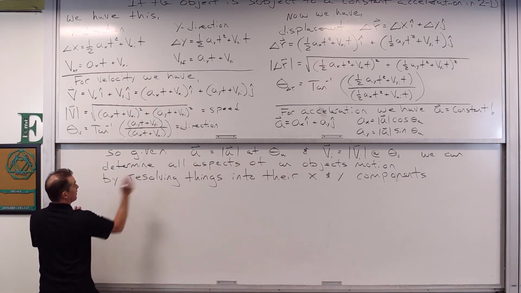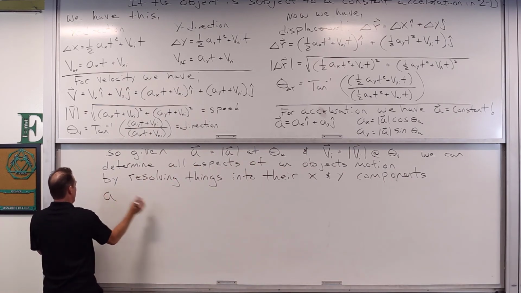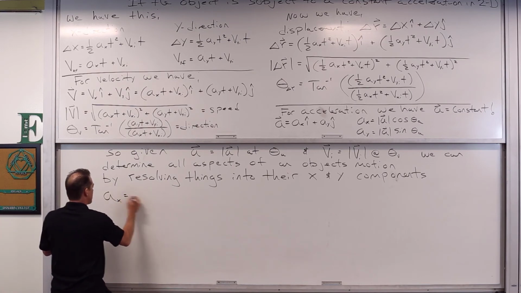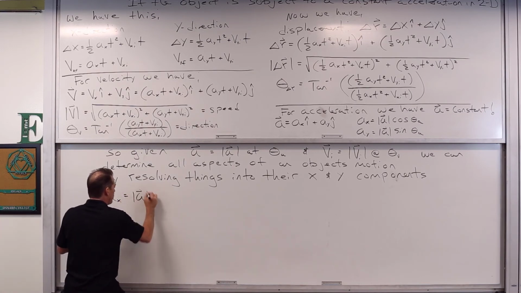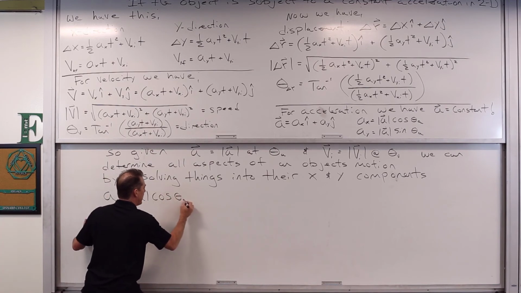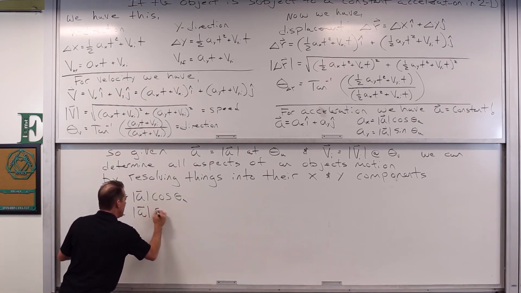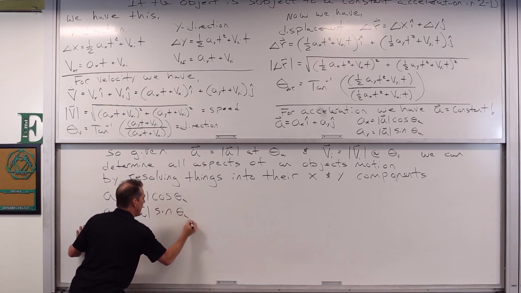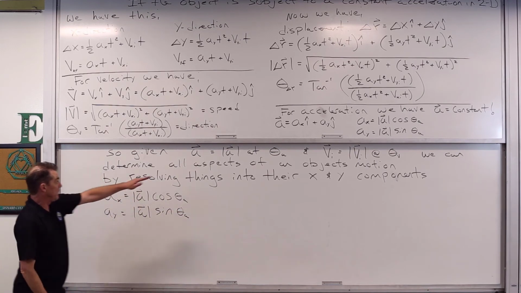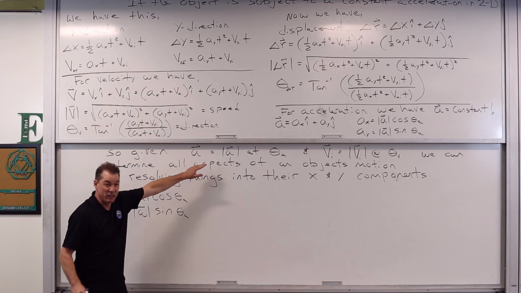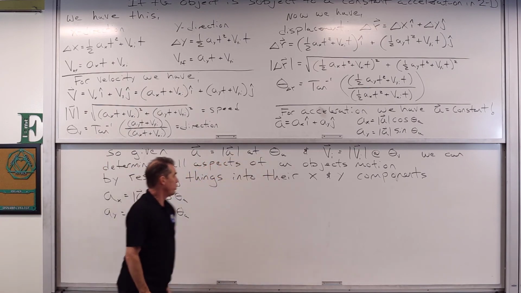So again, I'm going to write the same thing down right there. We have that a sub x is equal to the magnitude of a times the cosine of theta sub a. A sub y is equal to the magnitude of a times the sine of theta sub a. So that's how we resolve the initial acceleration given a magnitude and a direction.